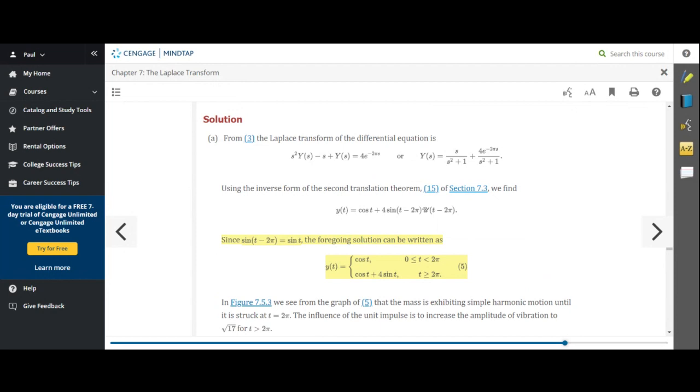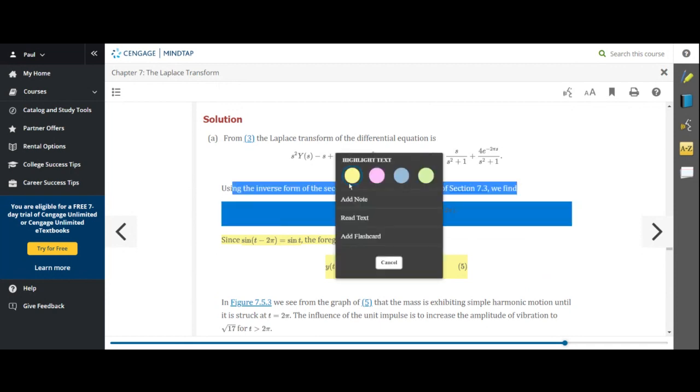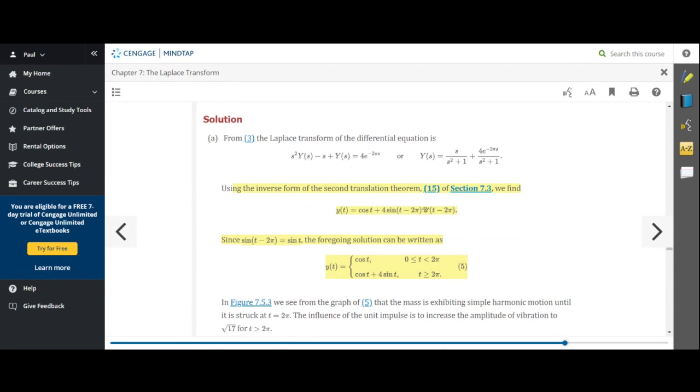How they got there based on what's above? Who's feeling good with that? Okay, excellent. All right, Andrea's good and Matthew's good.